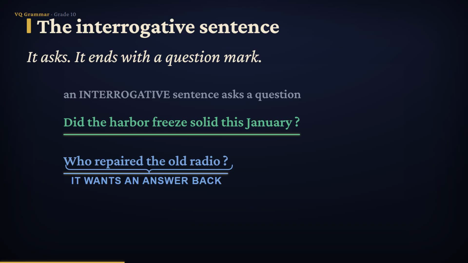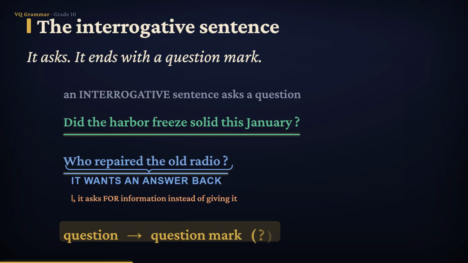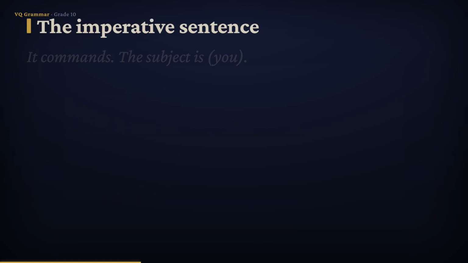That is the real tell for an interrogative. It asks for information instead of giving it. And a sentence that asks needs the mark that asks, which is the question mark. Question, question mark. Never let a genuine question slip out with a period on the end. The reader hears the whole sentence wrong when the mark is wrong.